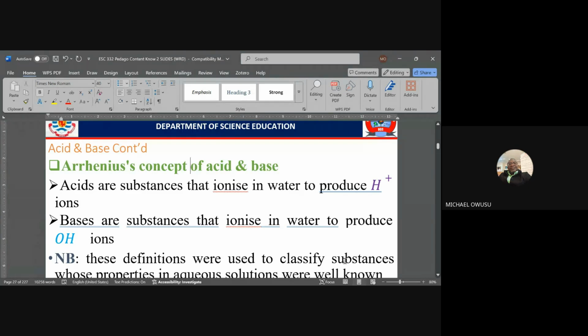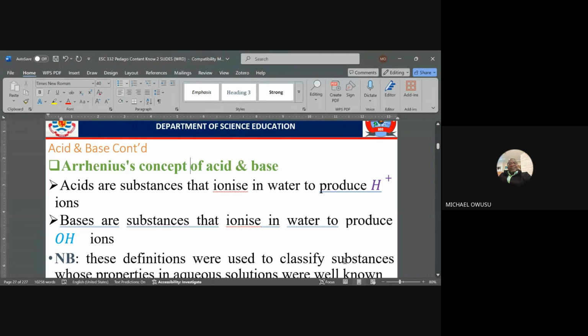Arrhenius defines an acid as any substance that is able to produce hydrogen ions in solution. So if you have water, when water ionizes in solution, what are the products?